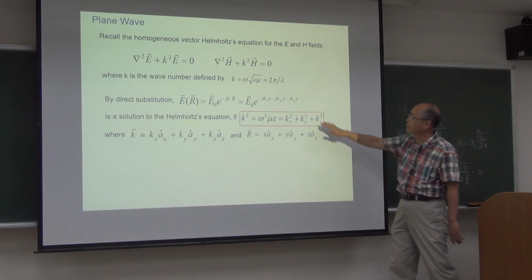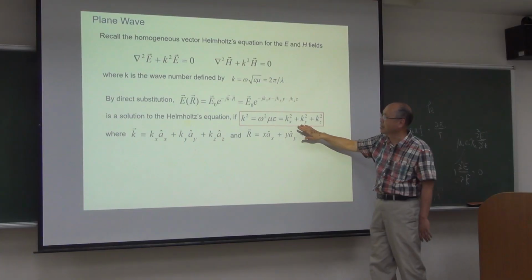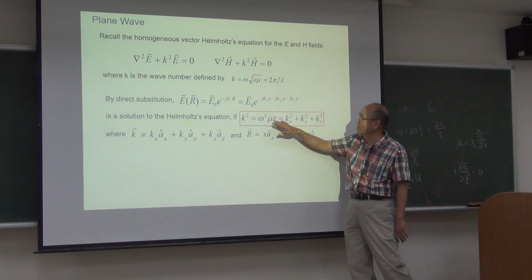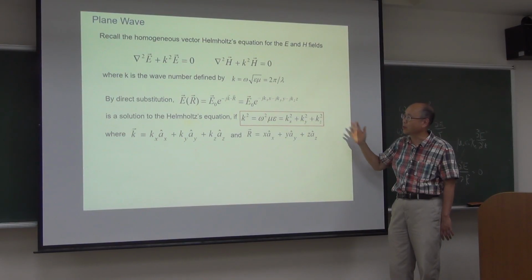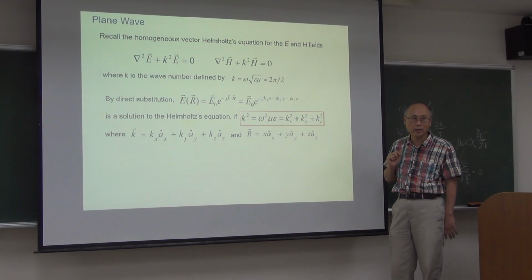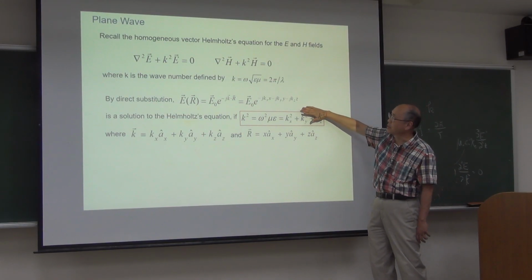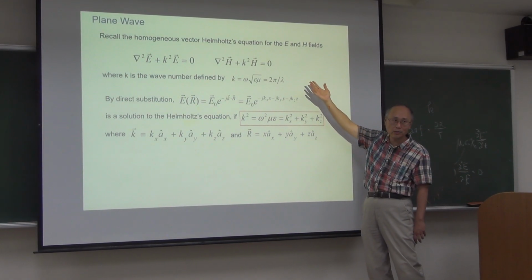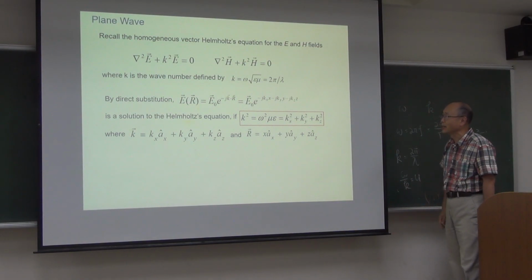If you put this into the Helmholtz equation, you end up having a requirement for this kx, ky, kz. This is how we discussed before when we talked about the electromagnetic wave. You put this trial solution into the Helmholtz equation, then you specify the kx, ky, kz.